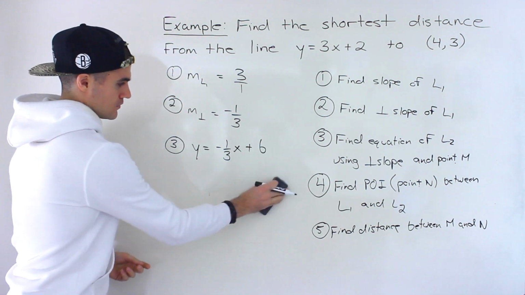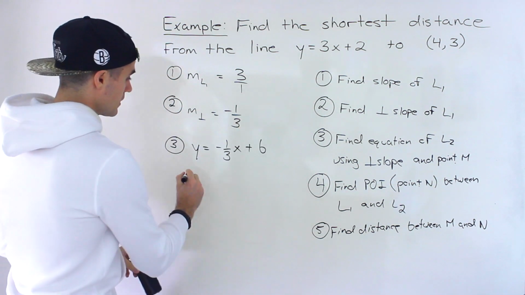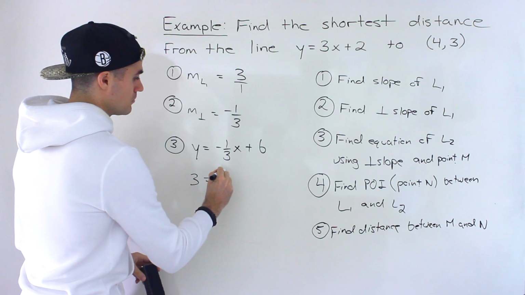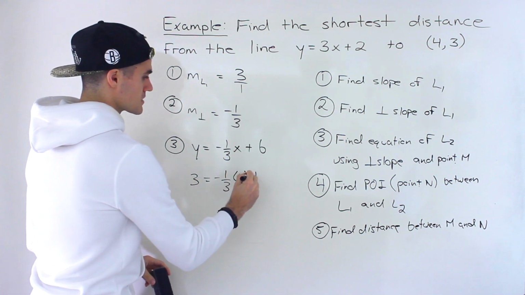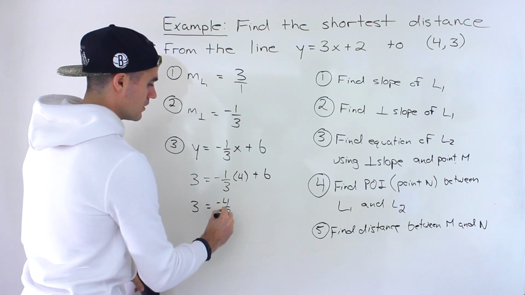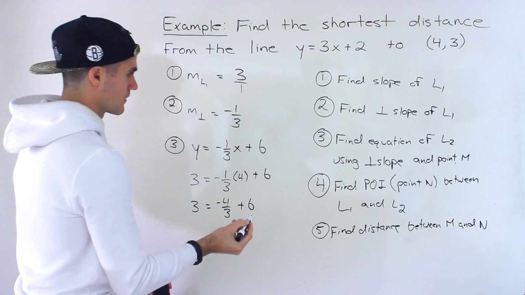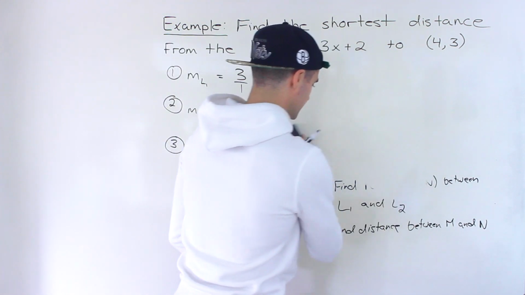So finding this b value, what we've got to do is plug in 3 for y, and then we're going to plug in 4 for x. Okay, so we'd end up with 3 equals negative 4 over 3 plus b. And so I'm going to erase these steps here.